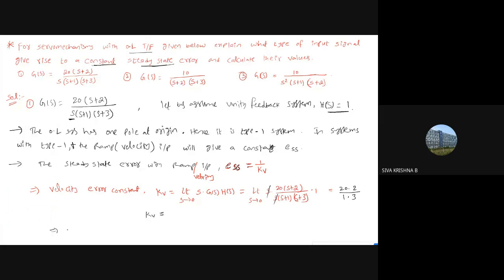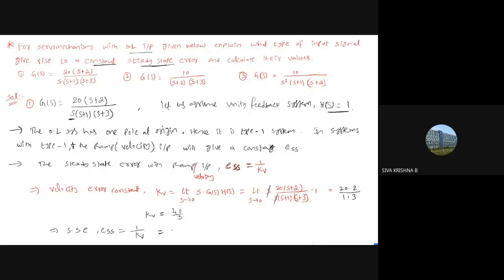Now using the steady state error, ESS equals 1 by Kv, that is 1 by this value. We need to find the value of the steady state error. What is Kv? Kv is 40/3.